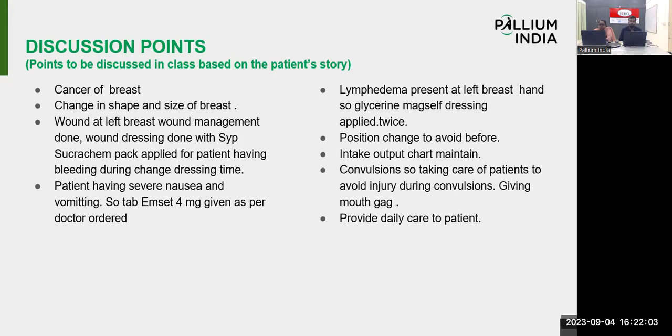From this patient, we have to understand that there are a lot of problems: pain, breathlessness, and convulsion. These are all physical problems. If they have physical problems, you have to try to reduce them first, and then you can do the lymphedema management.